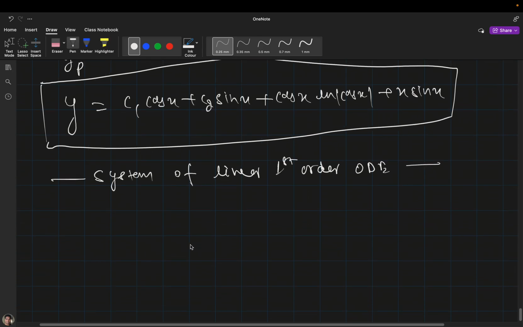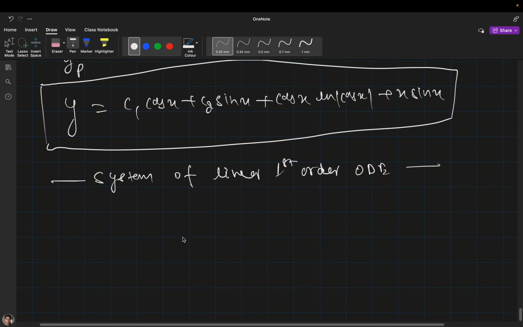And what is that? If you know the solution of a system of linear equations like AX equal to B, then those principles and theorems can be applied here. Suppose you have a system of linear first order differential equations, something like this.